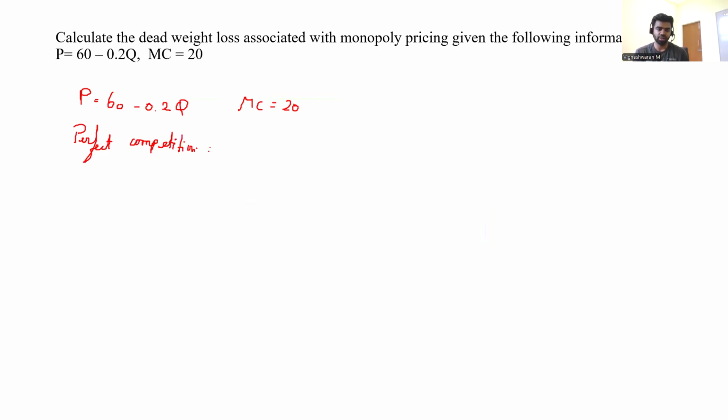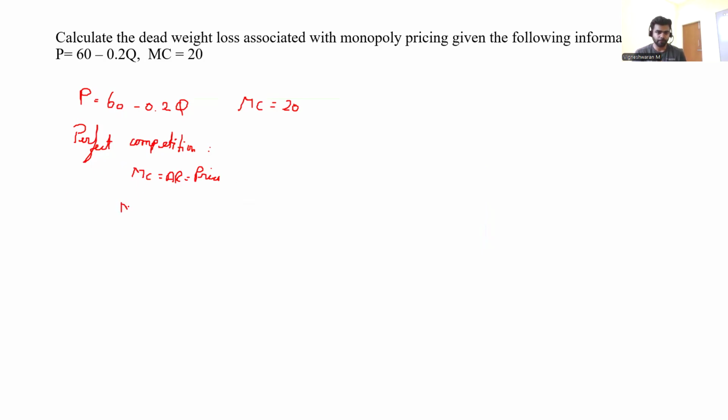we all know that MC is equal to AR, that is equal to price. So in perfect competition, we can straight away equate MC and price.